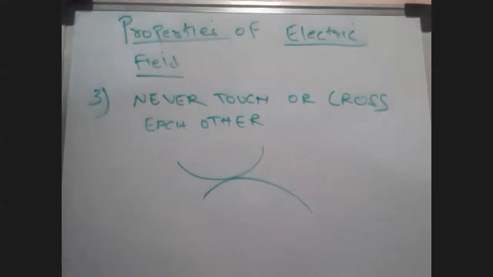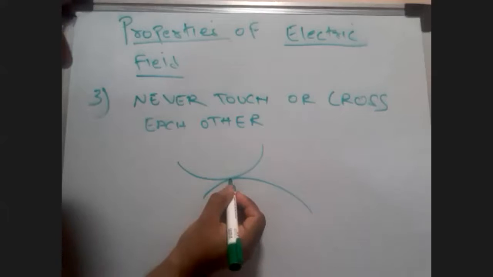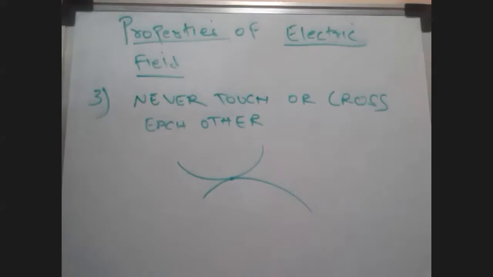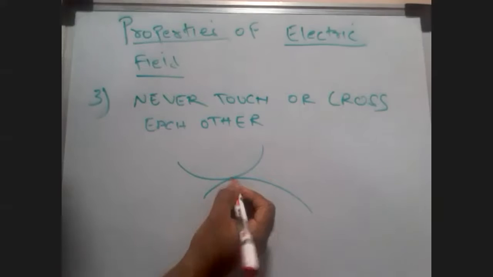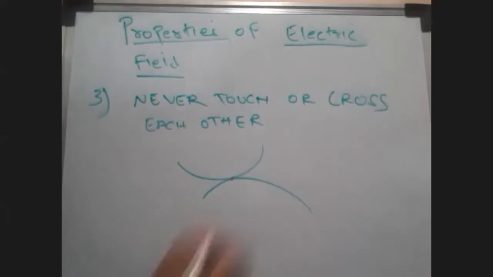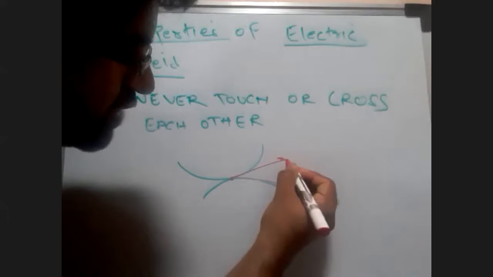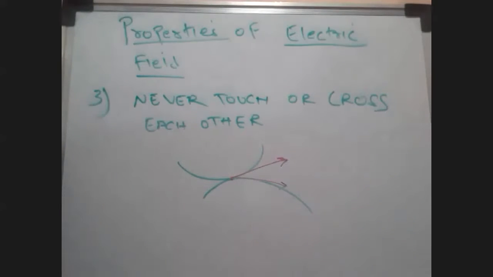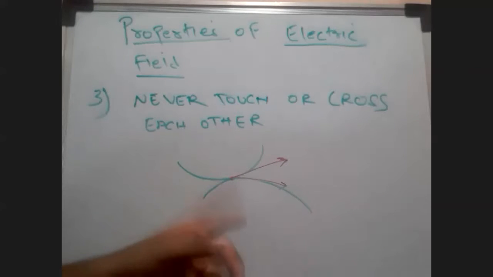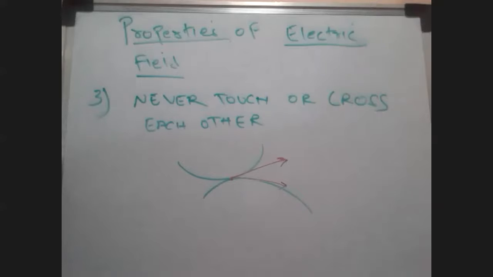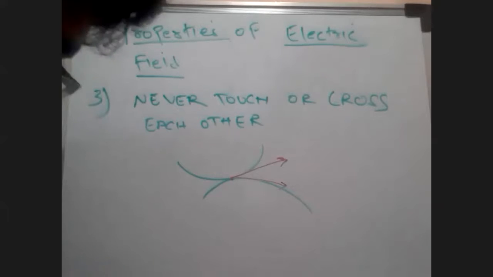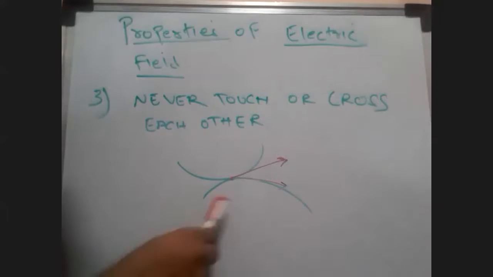At this point, what will be the tangent? There will be two tangents, so it will have two directions. Mathematically, a point cannot have two directions. So this is not possible.